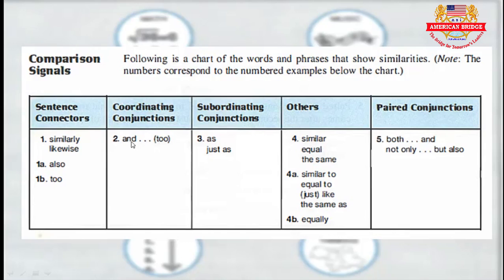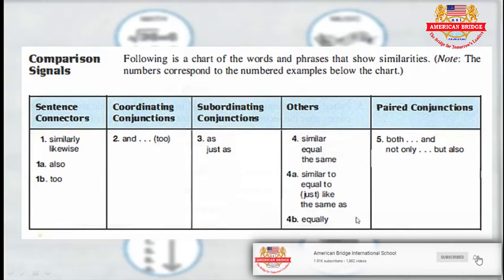Other words like similar, equal, the same, you have learned from the previous lesson already. And similar to, equal to, just like, the same as, or equally. These words you have learned so far.